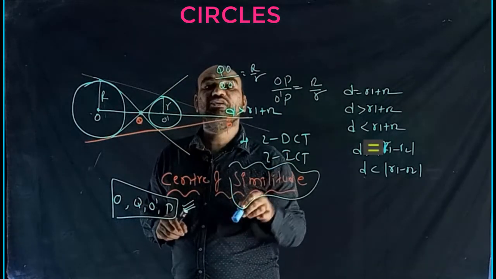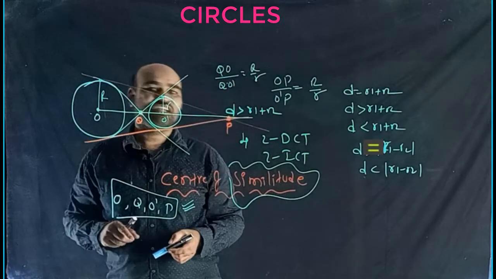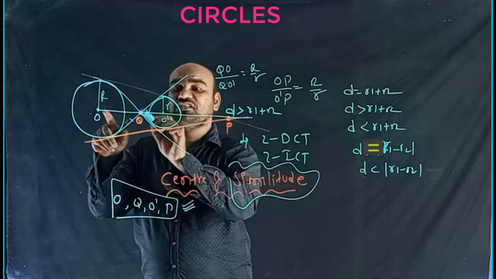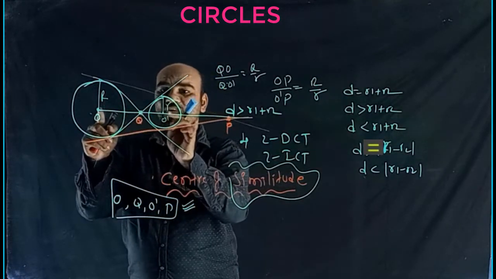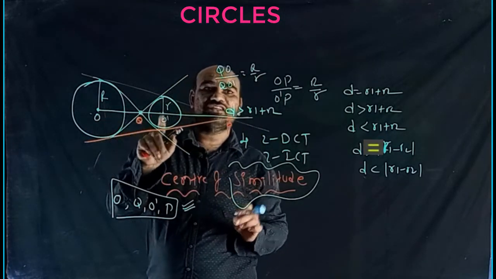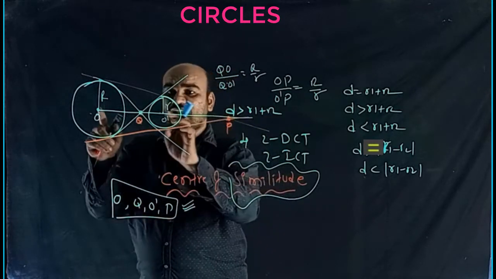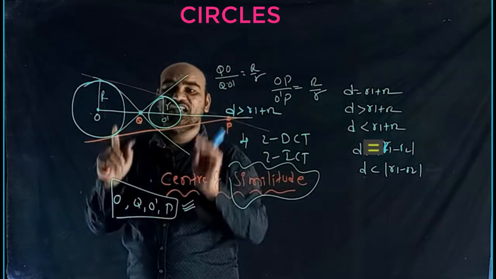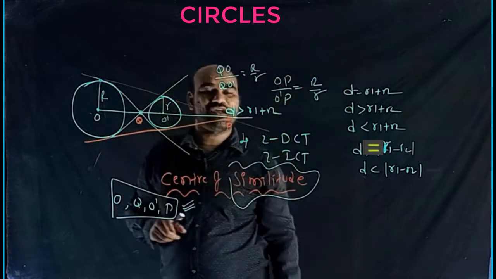The centers of similitude divide the line segment joining the centers in the ratio of their radii. So Q, the internal center of similitude, divides OO dash in the ratio of their radii, means QO by QO dash equals capital R by small r. And P divides the line segment OO dash externally, and OP by O dash P is also equal to capital R by small r.